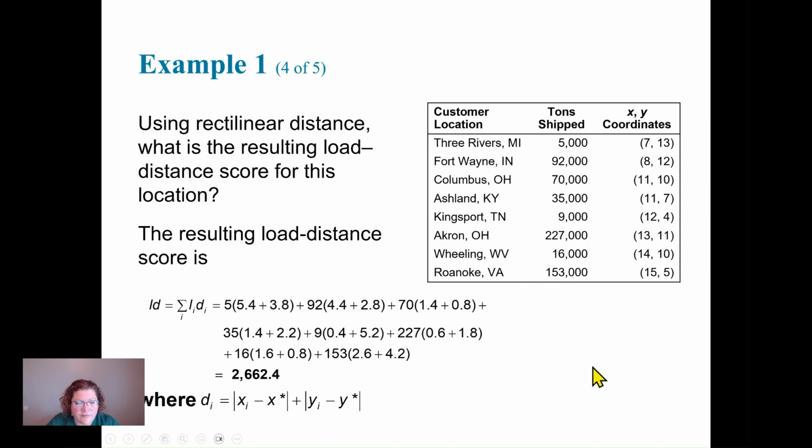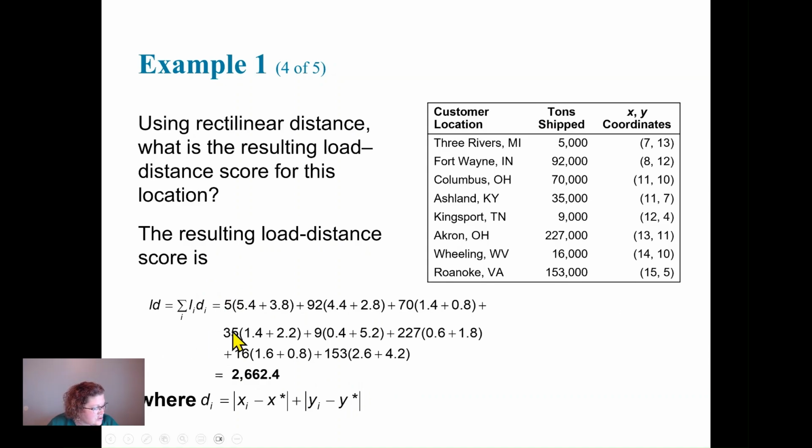Now that we have a center of gravity, that gives us a starting point that's centralized not just based on distance, but based on the customer load or customer demand for each of our customer locations. So we can actually calculate a resulting load distance score based on that center of gravity.